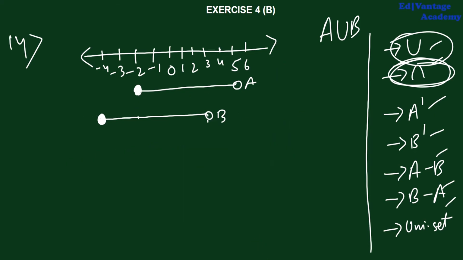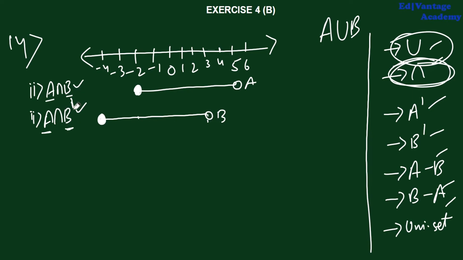Now for the second part of question number 14, first when they asked us to find A intersection B, we did it. Second, they are asking to find A intersection B dash. We need to do it on a separate number line. Here again, to find A intersection B dash, we know what intersection is, the common elements between A and B dash.